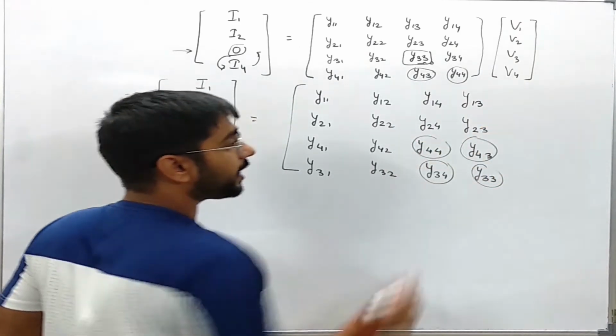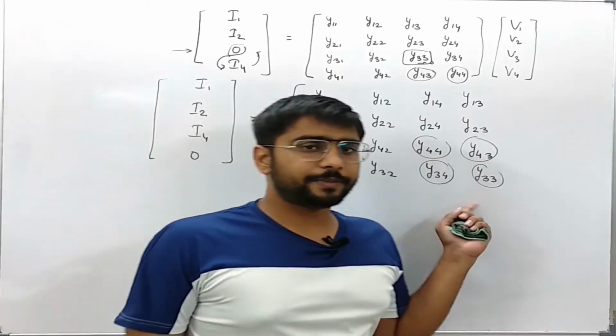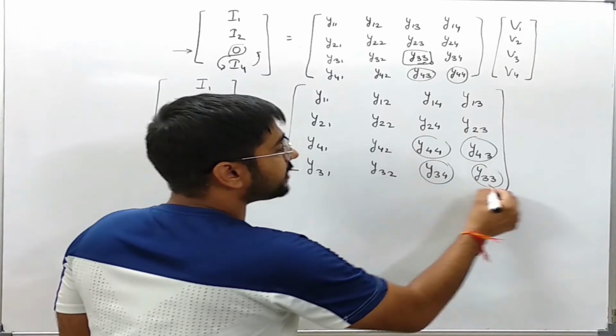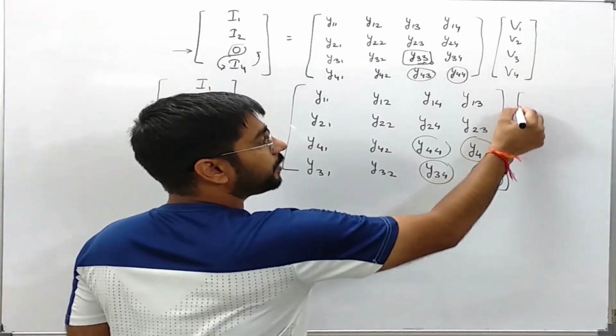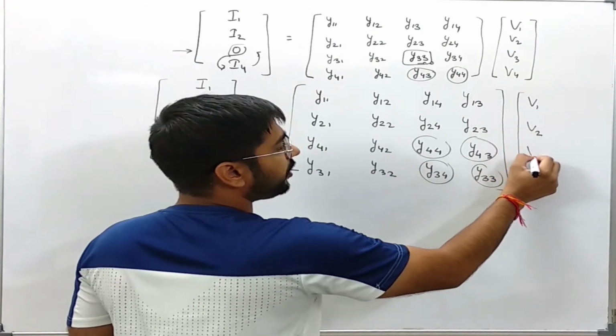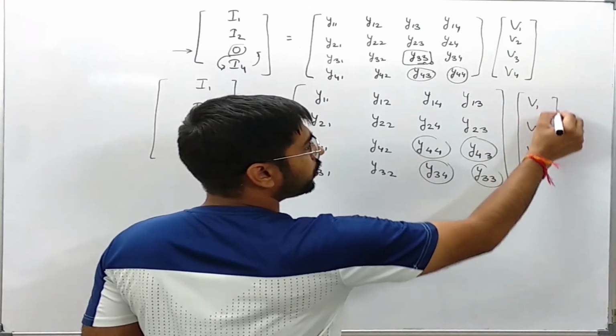So here students will usually make very many mistakes while renumbering. We should keep this in mind. And this will come out to be V1, V2, V4, 0.